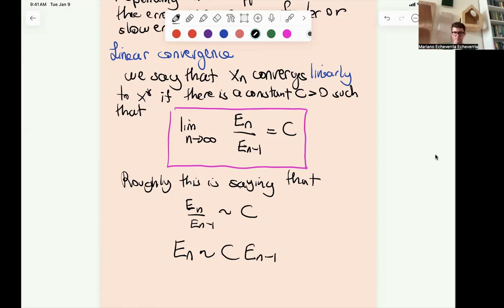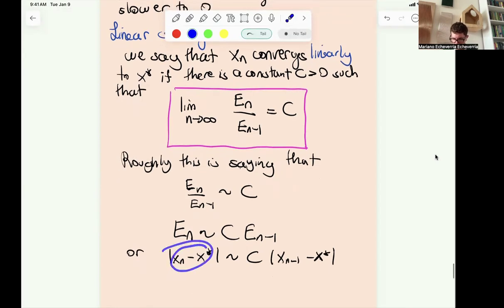So the way in which the error at step n depends on the error at step n minus one is just by a constant rescaling. That's roughly what's going on here.